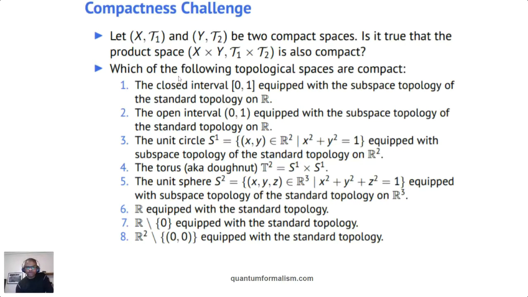And then, which of the following spaces are compact? I basically just copied this from the previous challenges on connectedness, but nevertheless, check which of them are compact. If they are compact, it means that all of their covers must have a finite subcover. So the question is which of these spaces are compact.